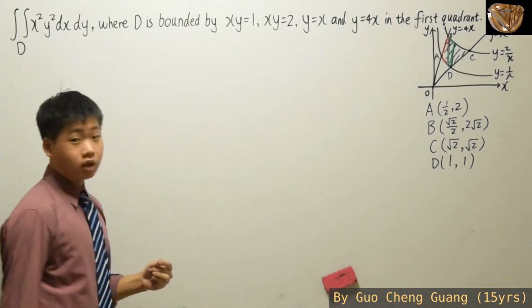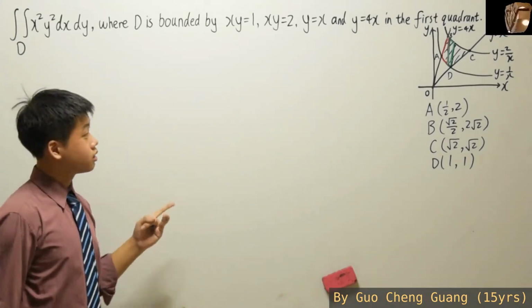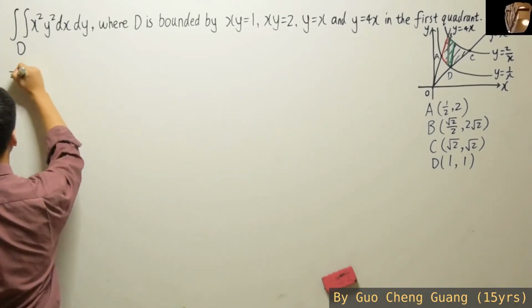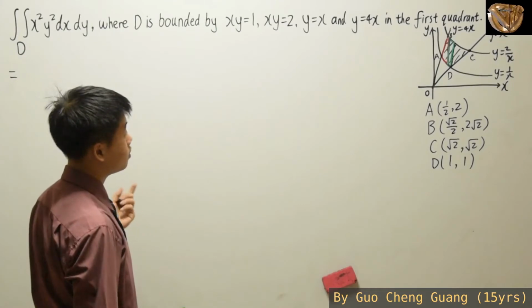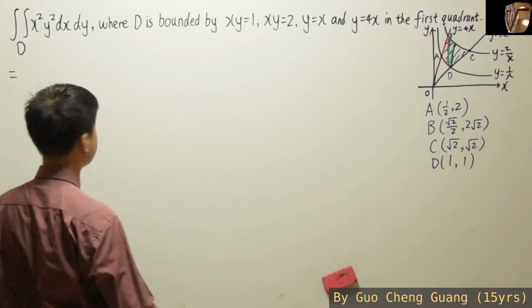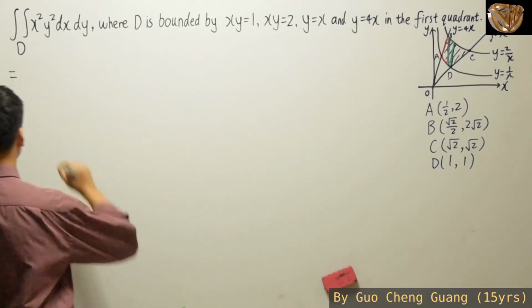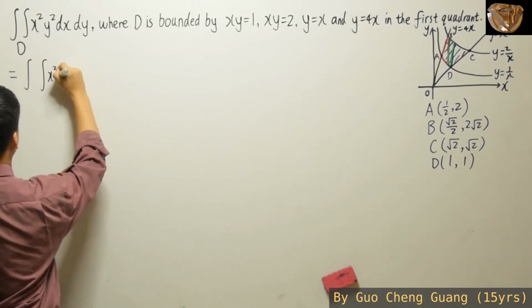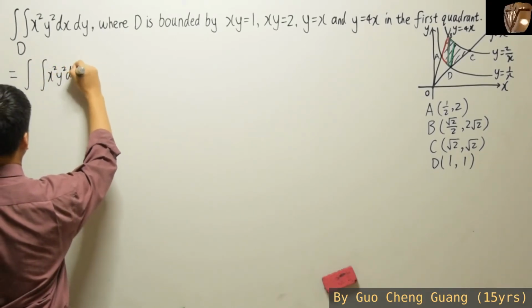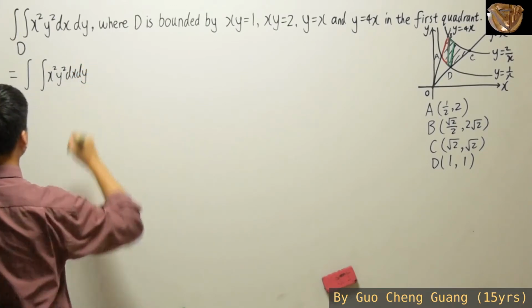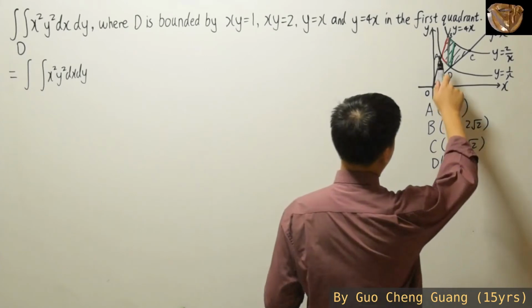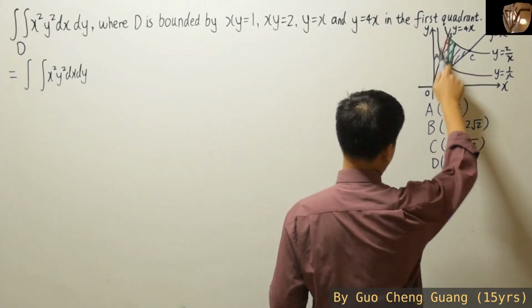For this part over here, we are separating it into three different regions to integrate. The first region will be this red area.